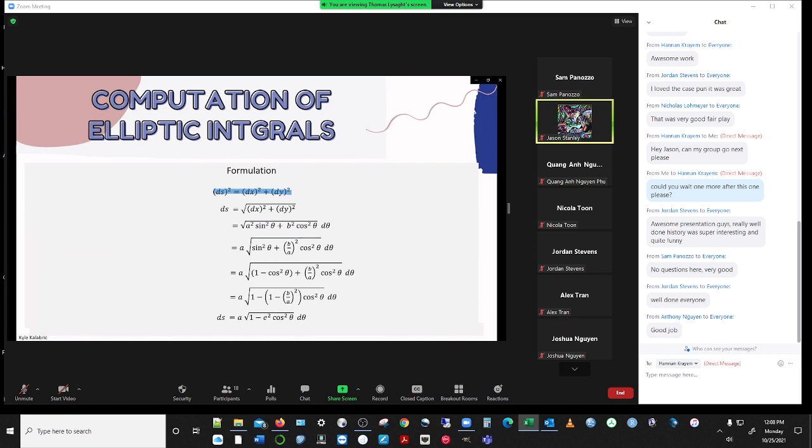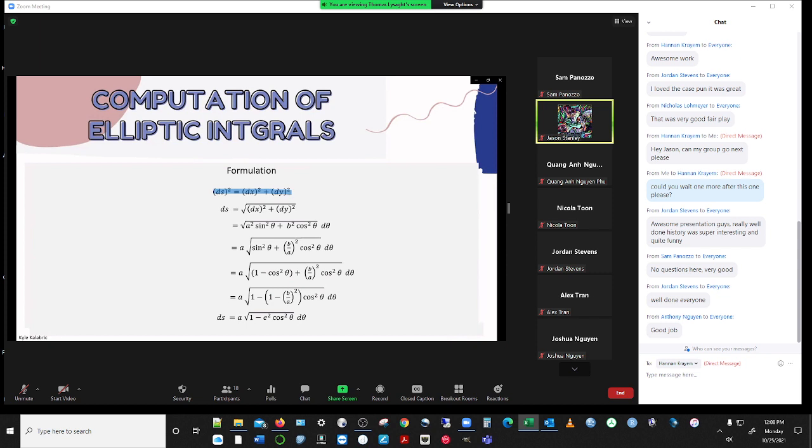This can be done by factoring out an a while writing in terms of cosine, giving us a result of ds equals a times the square root of 1 minus cosine squared theta instead of sine squared theta, plus (b over a) squared times cosine squared theta. As we are looking for a 1 minus (b over a) squared, we can multiply by cosine squared theta to obtain it in the solution.